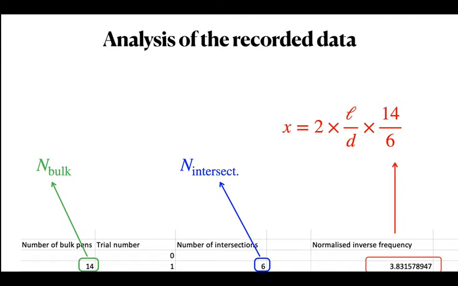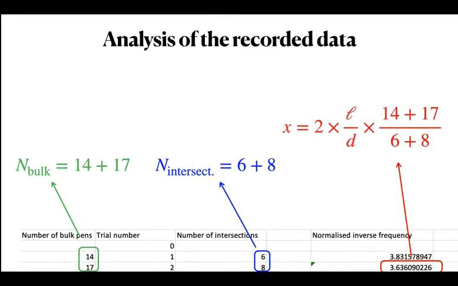Now, let's have a look at what happens when we do the experiment a second time. So this is going to change the total number of bulk pens that we can discuss. So this is going to be 14 plus 17. And the number of intersections that I can count is therefore the sum of the number of intersections that have been observed in each of the experiments.